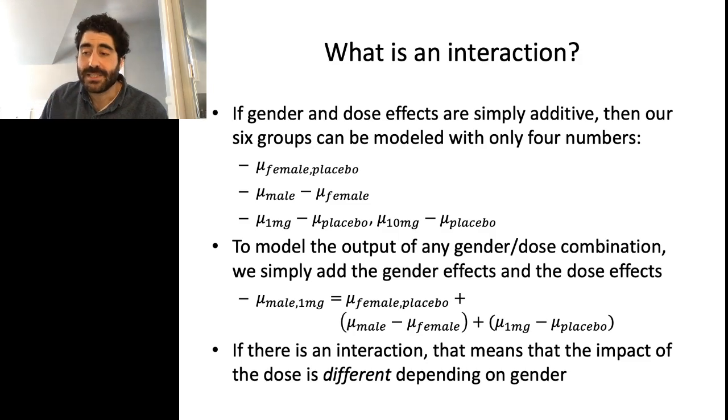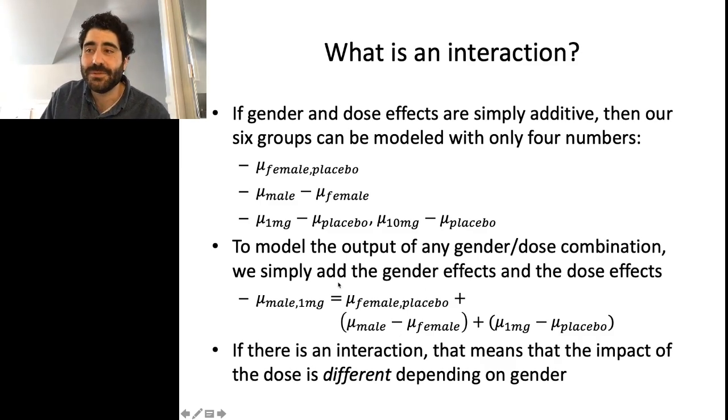If there is an interaction, then it means that this equation is not true, that maybe men taking 1 milligram of the drug do like really, really poorly, right? If that's true, then it means that that's not really a gender effect and it's not really a dose effect. It's a combination of the two of them, right? That this specific combination is really bad for some reason. And so that's what this interaction hypothesis is testing: can you actually just add things up like this?